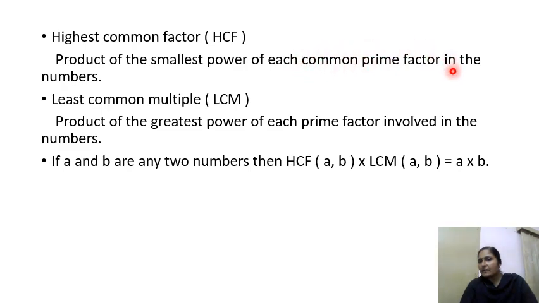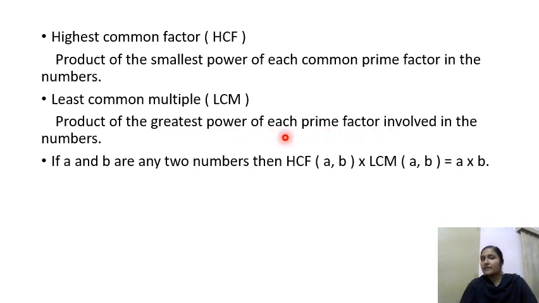This is important there: common prime factor. If two numbers are there, the prime factor should be common in both. If 3 numbers are there, then also you have to take the smallest power of the common prime factor in the 3 numbers. And LCM is the product of the greatest power of each prime factor.